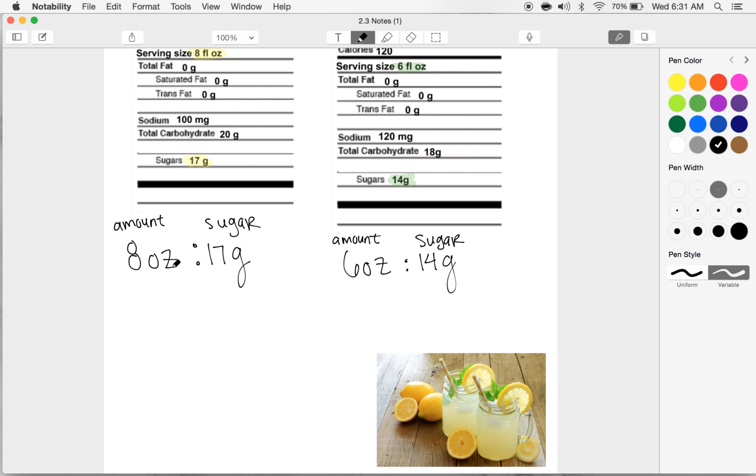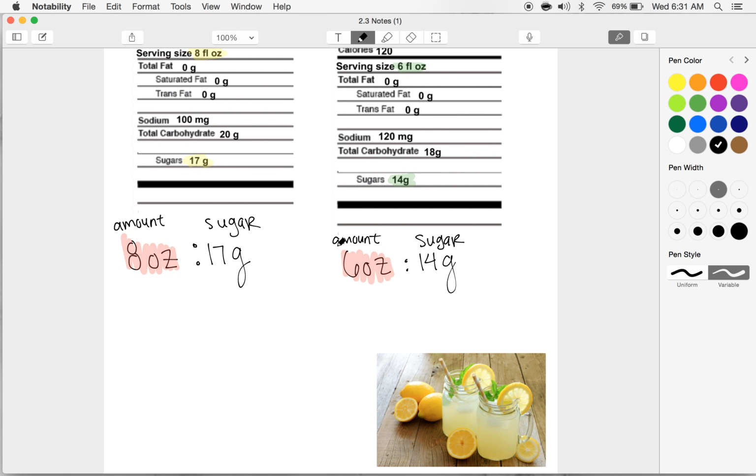Well, it's kind of hard to compare these two right now because the amounts are different. This one only represents 8 ounces. This only represents 6 ounces. So I want to find an equivalent ratio that's going to help me compare these a little bit better. So can we think of a number that both 6 and 8 can be multiplied to?